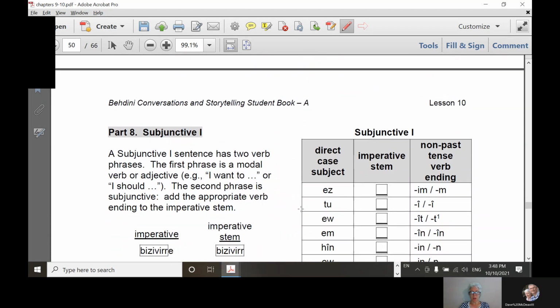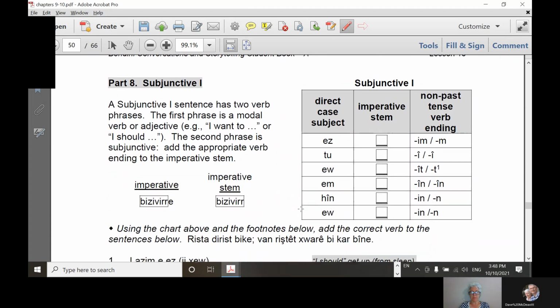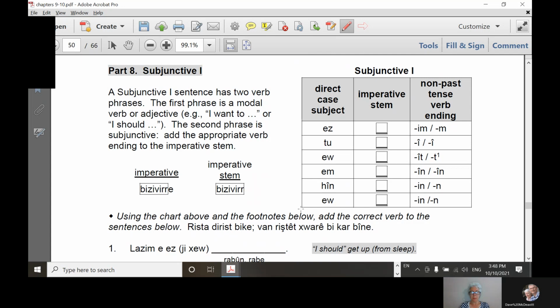All right, and then on page 241, we get to subjunctive I. A subjunctive I sentence has two verb phrases. The first phrase is a modal verb or adjective, like I want to or I should.